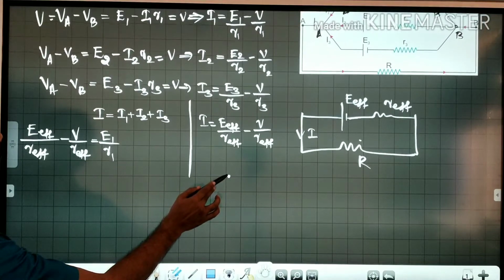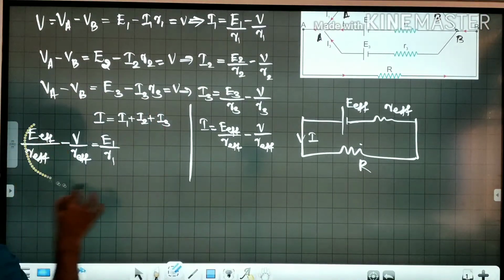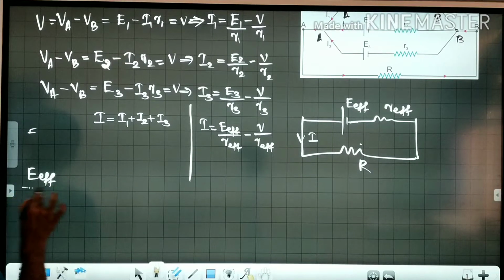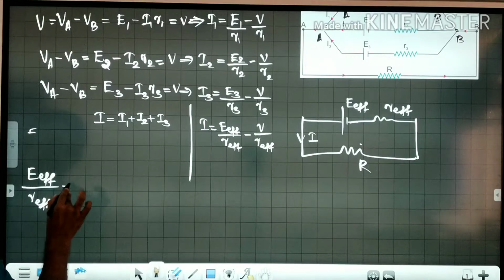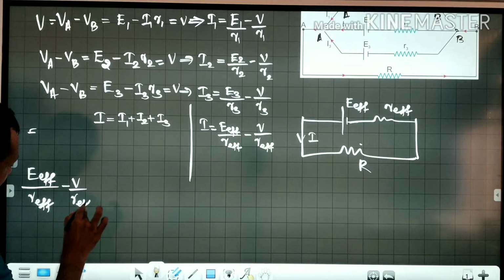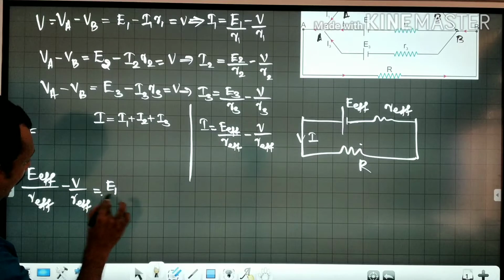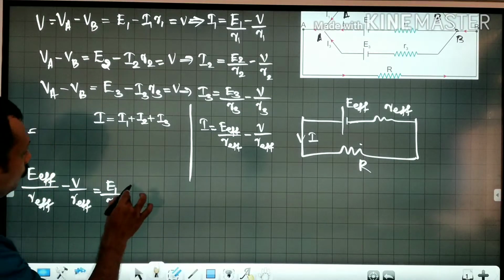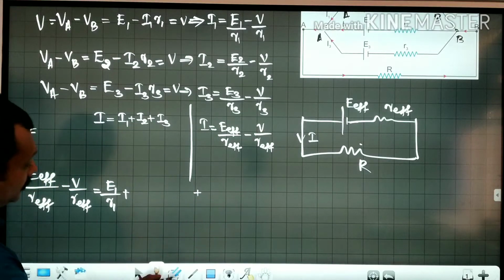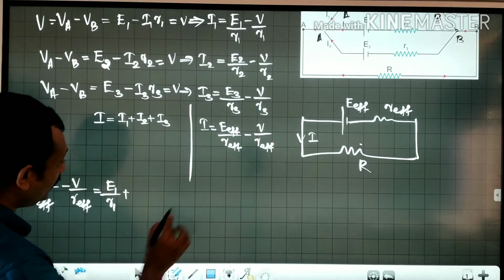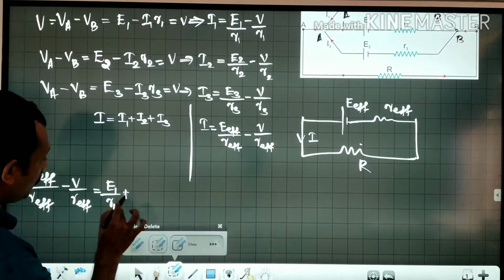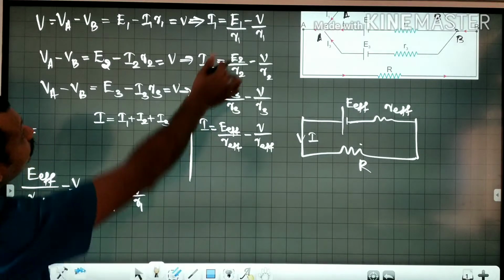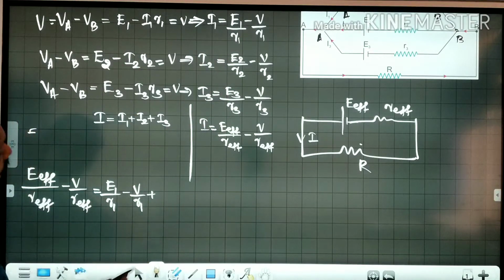I just raised these equations, now we can easily see them. Okay, so E effective divided by R effective minus V by R effective is equal to E1 by R1 minus V by R1, plus, what is I2?